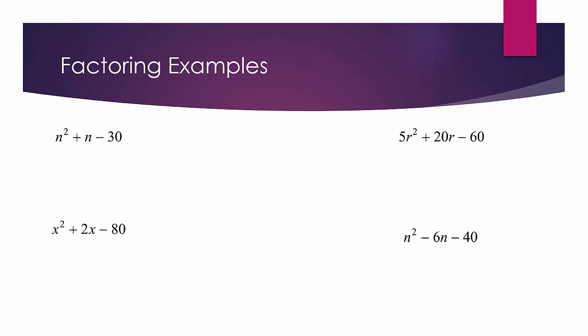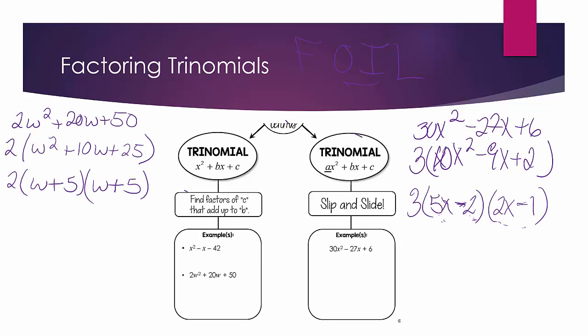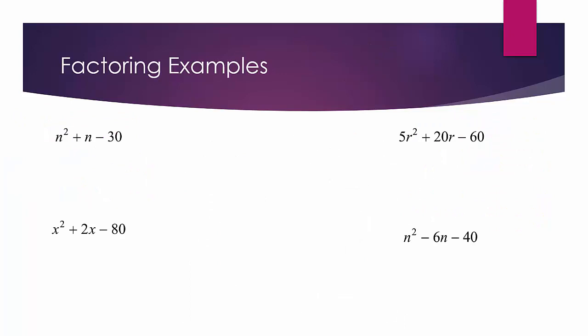Most of our examples are not going to be like the right side of our graphic organizer. They're going to be like the left side of our graphic organizer. So let's look at n squared plus n minus 30. The first thing I'm going to do is put the n's here. I'm going to take the 30 and go, that's 1 and 30, 2 and 15, 3 and 10, 5 and 6. 5 and 6 are going to equal the 1.